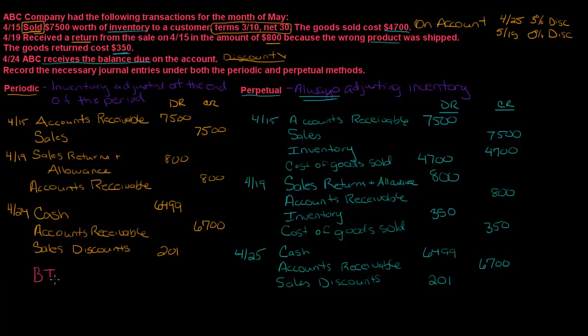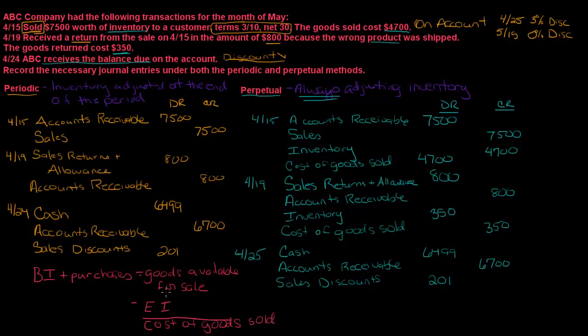It's beginning inventory plus purchases, that equals goods available for sale, minus ending inventory gives me, and hopefully you guys see this, cost of goods sold.